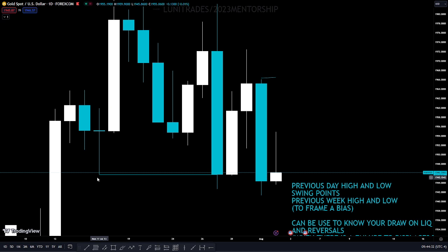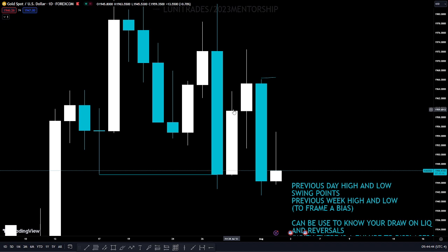So that's a swing point. You understand? So what happened? Price fails to close below this candle. Can you see? So that's why the next day we have a bullish candle.